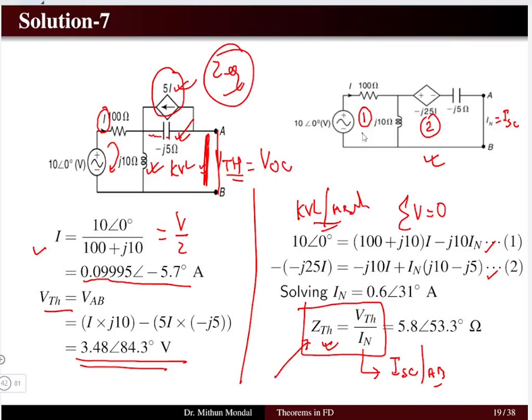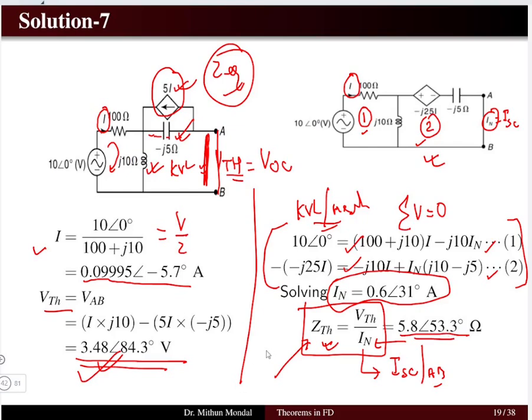The unknowns are the current flowing here and the Norton current IN. We can solve that and determine the Norton current, and substitute it here where the voltage Thevenin has already been found. So we can find the value of Z Thevenin, and obtain the Thevenin equivalent circuit.